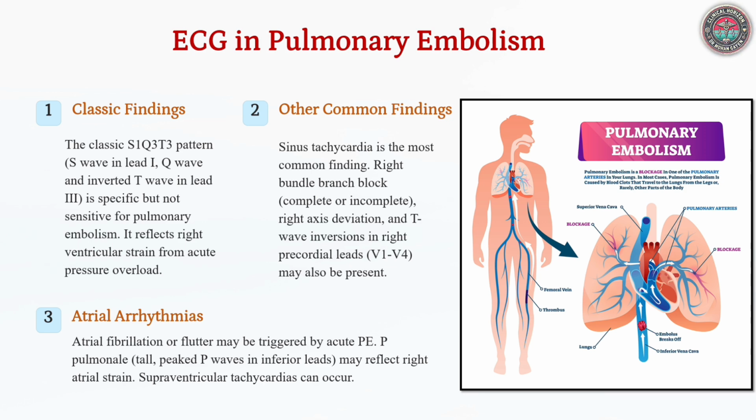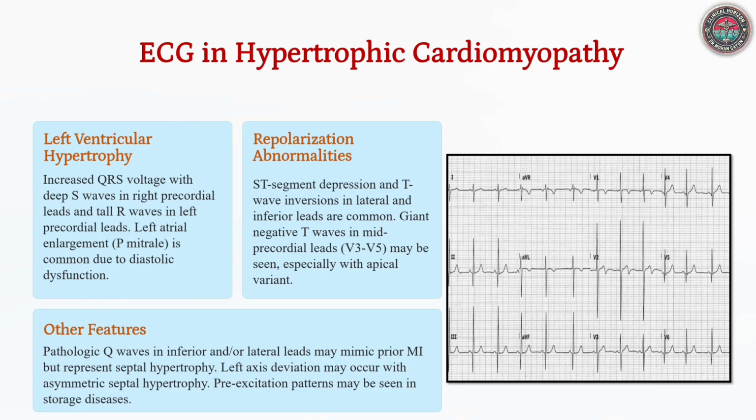Other ECG changes include sinus tachycardia, right axis deviation, right bundle branch block, and T-wave inversions in V1 to V4. While ECG is not diagnostic for pulmonary embolism, its findings, when combined with clinical suspicion, can prompt urgent imaging such as CT pulmonary angiography.